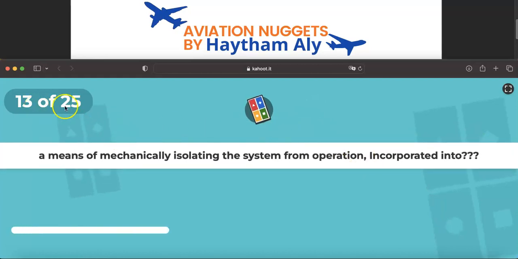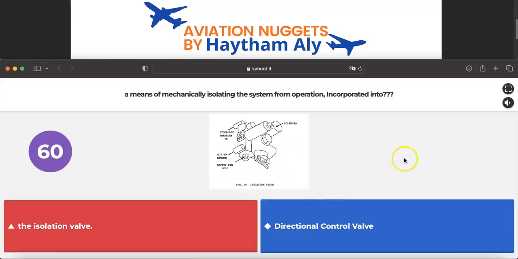Question 13 of 25. A means of mechanically isolating the thrust reverser system from operation is incorporated into the isolation valve or the directional control valve.